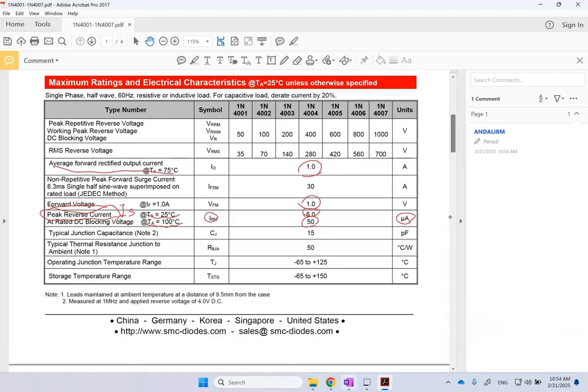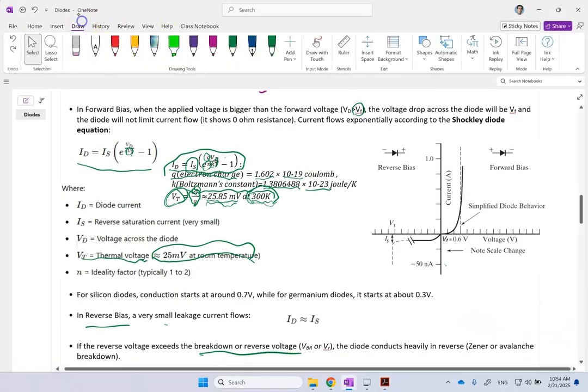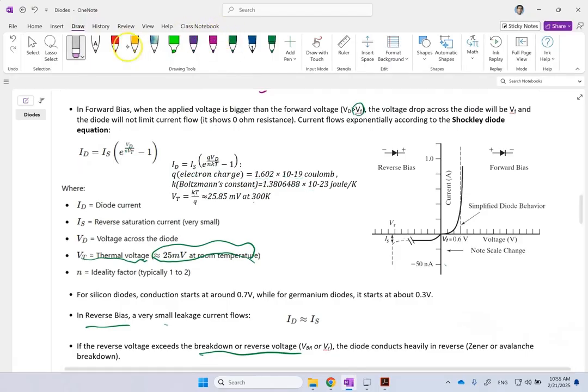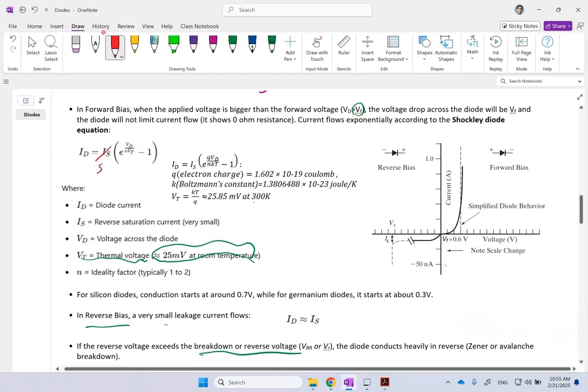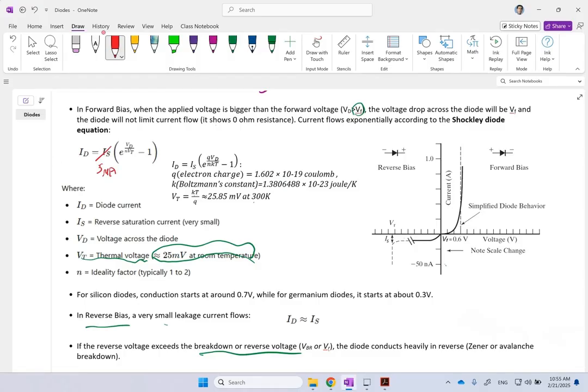So if you go back into this formula, plug in the numbers: 5 microamps here, then 1 amp, and here 1 volt, and this VT is 25.85 millivolts. The only thing unknown is n here. So if I solve for n, in this case, I get 1.86.